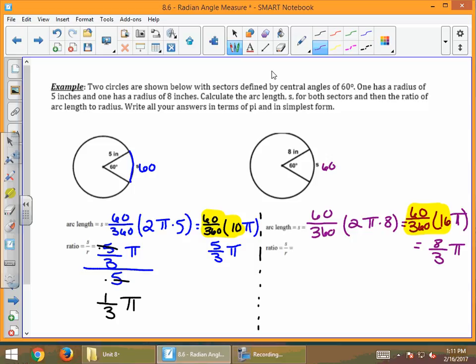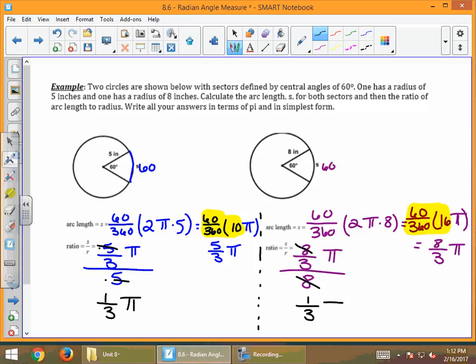So just like we did on the last one, we're going to take whatever we got for the arc length and put it over the radius. And again, our radius is what? 8. Simplify it just like you did on the last one. Plug it in your calculator or use the shortcut. What does 8 over 8 simplify down to? 1, so we cancel out.